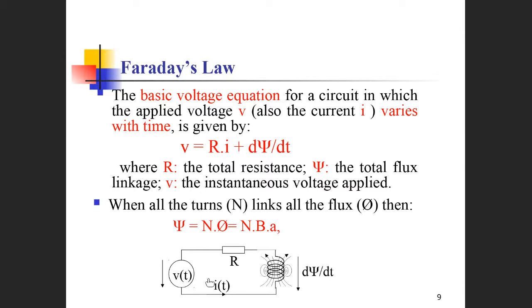As a result, the source voltage has to overcome the voltage drop on the resistor R and the voltage drop across the coiler. So that's it: the source voltage, the resistive voltage drop and the inductive voltage drop. Someone may ask, why do you say drops?